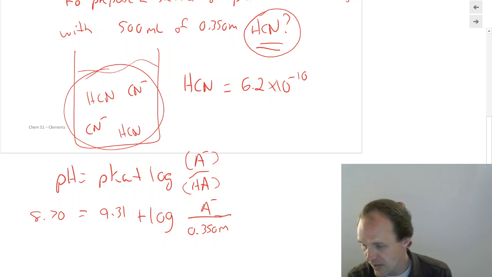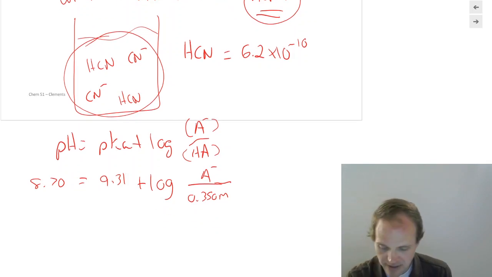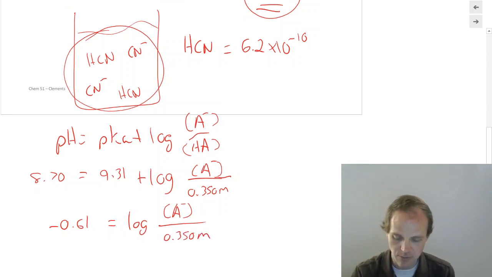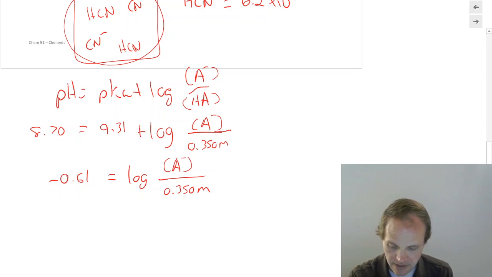Okay? And so I can go ahead and solve this one as minus 0.61 is equal to the log of [A minus]. Let me keep those square brackets to remind myself this is a concentration. Over 0.350 molar. My way to undo my logs is to take a power of 10 of both sides.